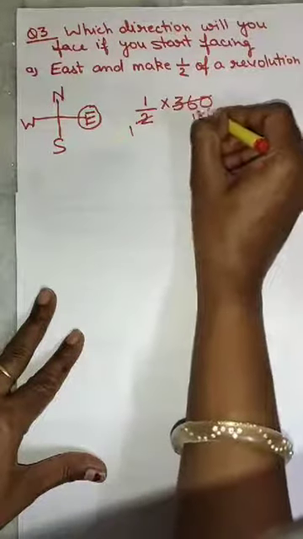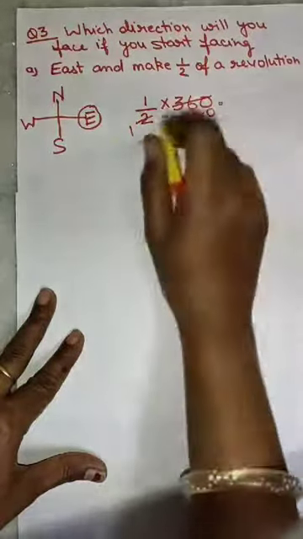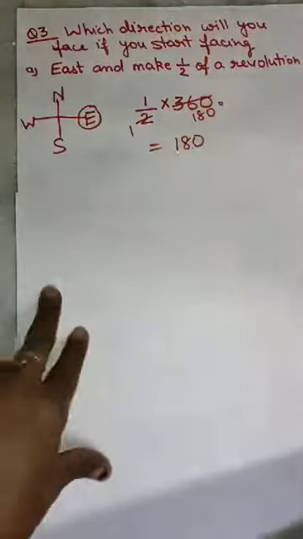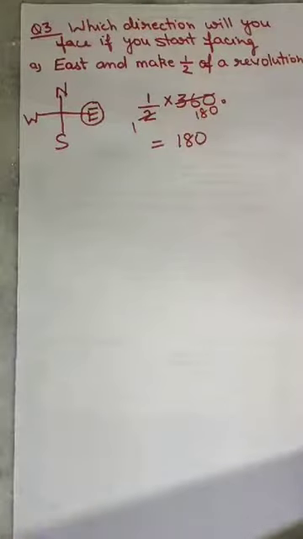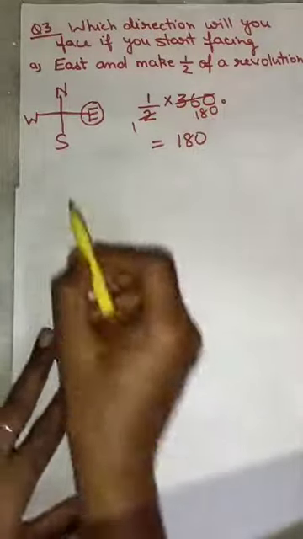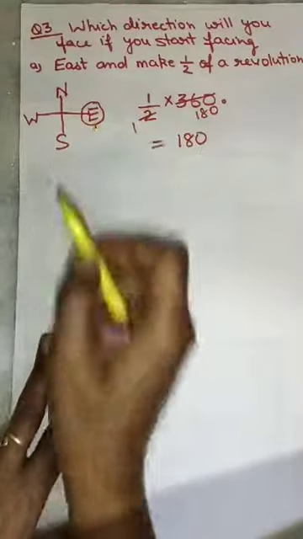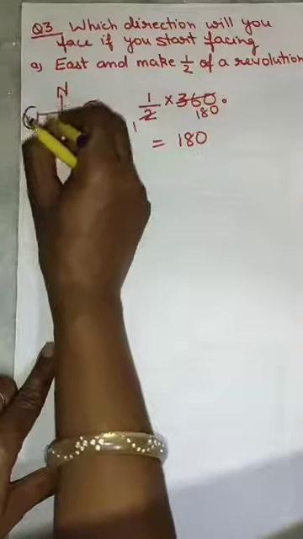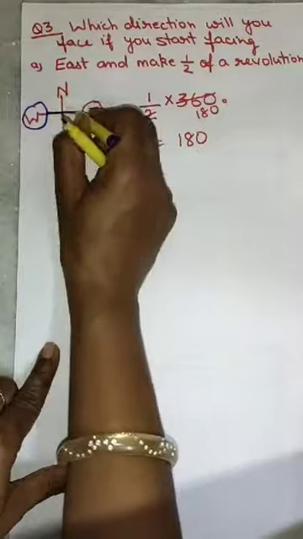It is 180 degree. That means you have covered 180 degree and 180 degree is a straight angle. That means if you have started from east, you will reach up to west because this is a straight line.